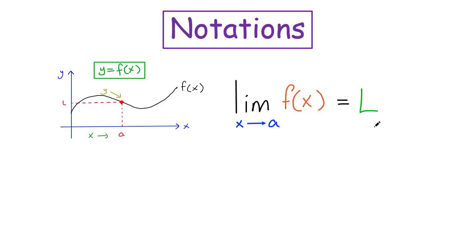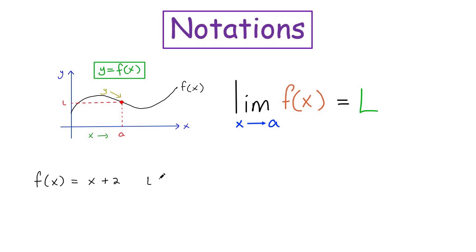So the way we would read this is the limit as x approaches a of f of x is equal to L. So let's take, for example, suppose we have a function f of x is equal to x plus 2, right? And let's say that we know that the limit as x approaches 1 of this function f of x is equal to 3, right? And you can verify that if you substitute x equals 1 here, you get 1 plus 2, which gives you 3.